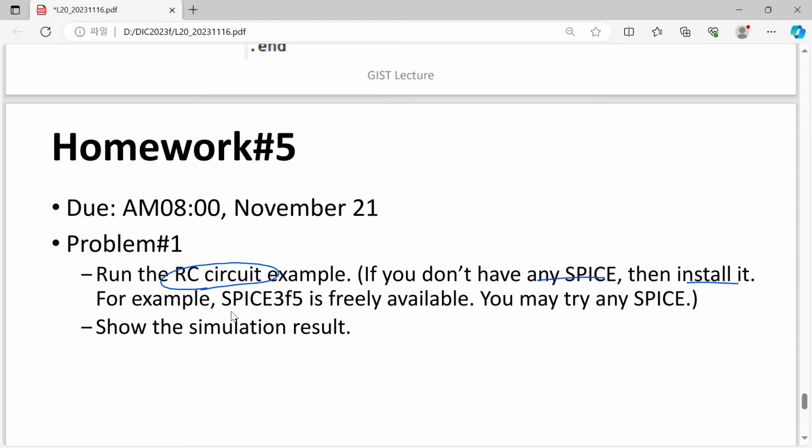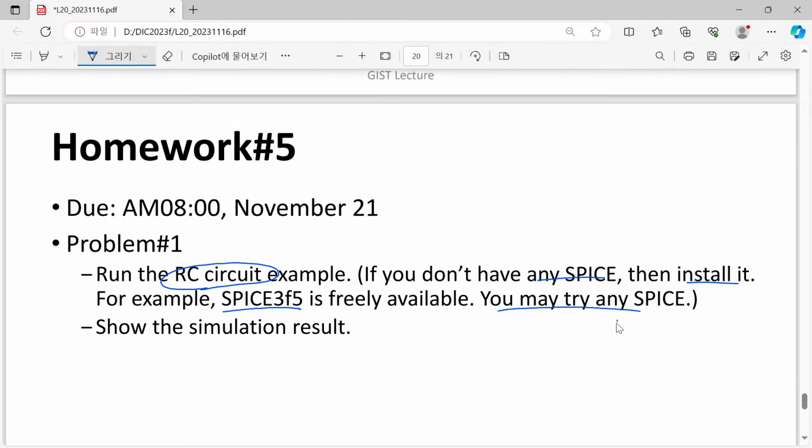In my personal experience, SPICE 3.5 is fully available, but you may try any SPICE. For example, if you have already installed HSpice in your lab, then just use it. You don't have to reinstall it onto your server or your laptop.